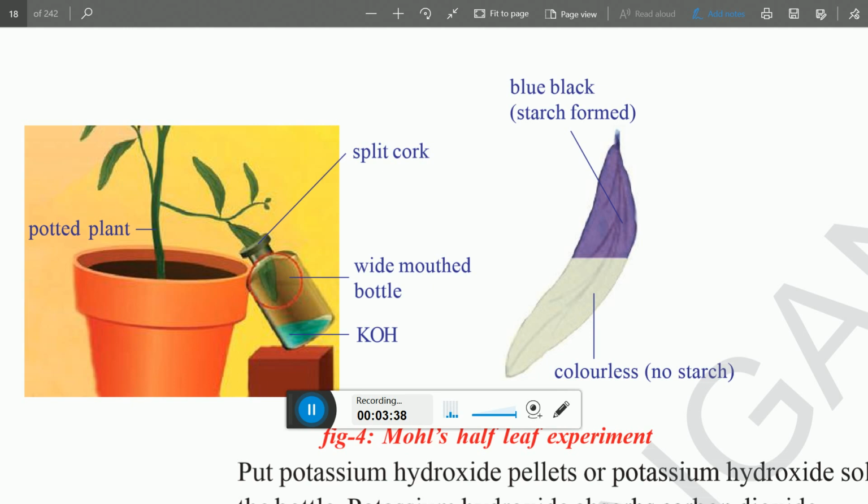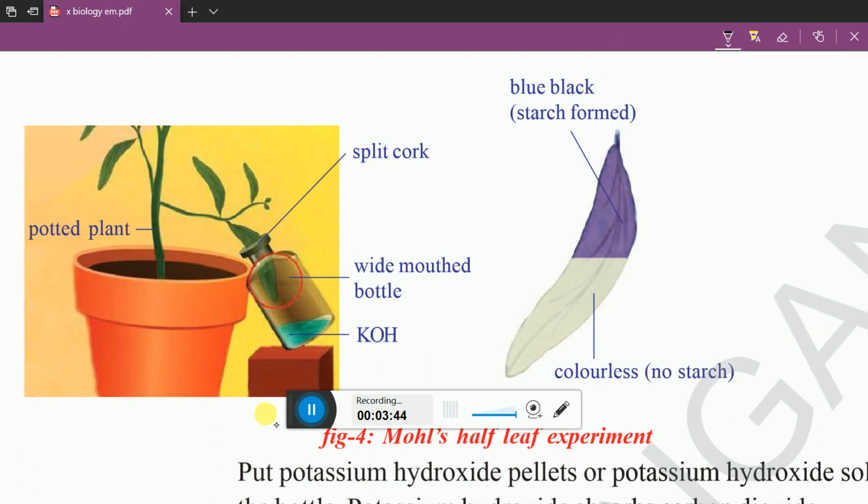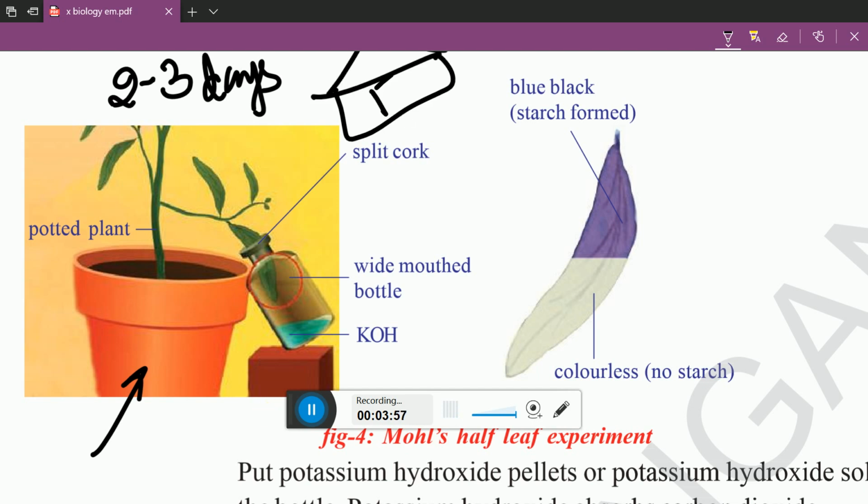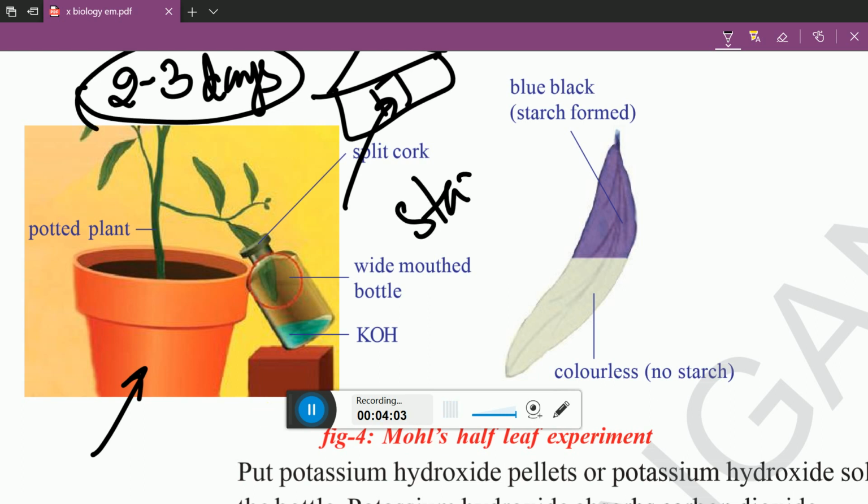What we need to do here is take one potted plant and keep it in the dark for 2 to 3 days. That means you put this plant in a room for 2 to 3 days to remove starch.